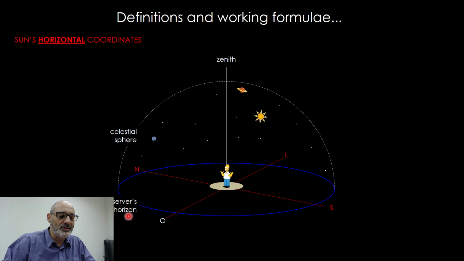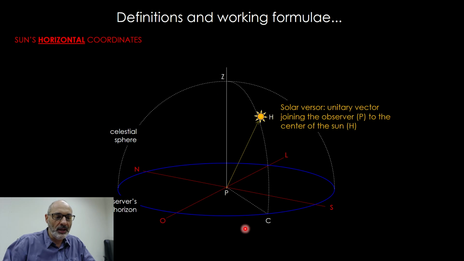What he sees is here: the observer's horizon, the celestial sphere, north, south, east, west, and the position of the sun. In this second situation, we don't need coordinates for the observer because he is at the center. The sun is at a certain point here. This yellow vector is what I drew, a solar unitary vector.